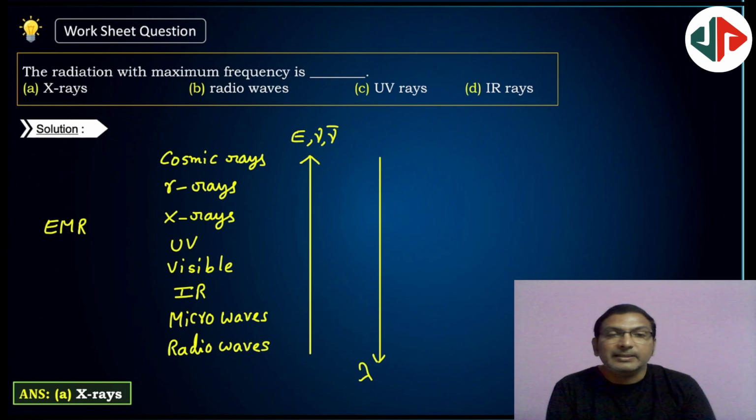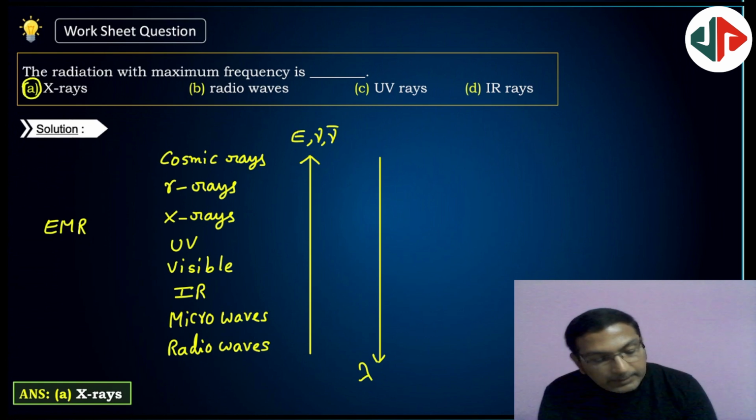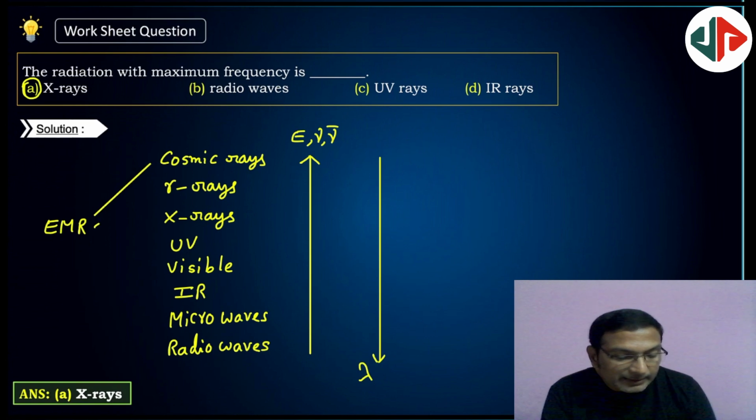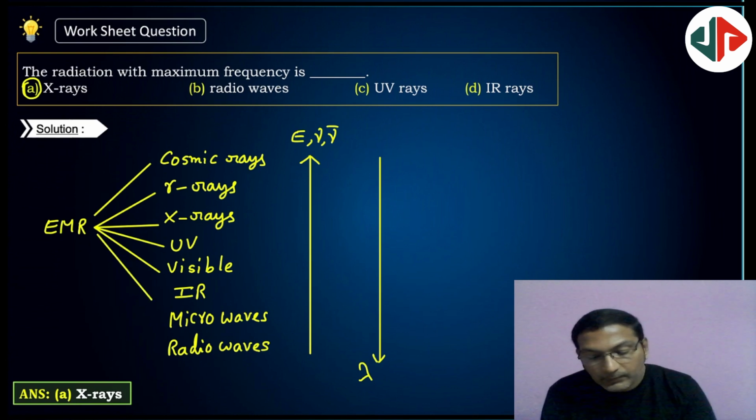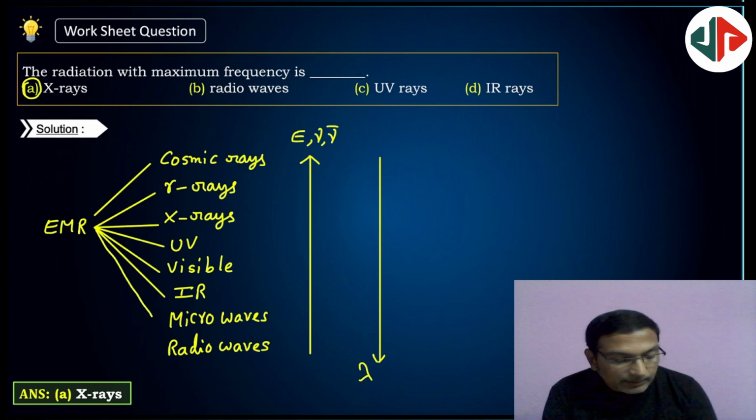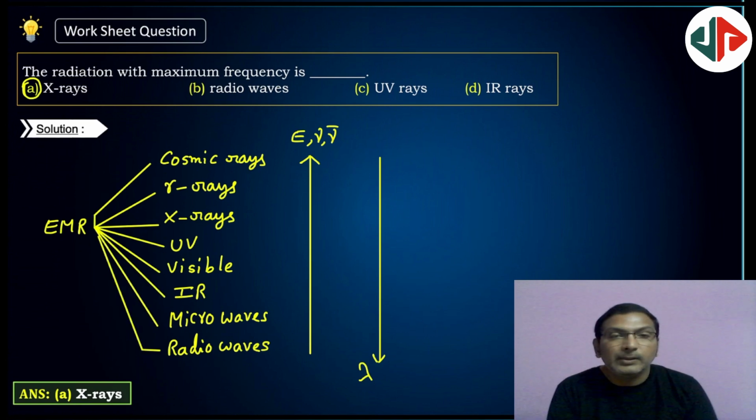Maximum frequency means here X-rays. So option A simply. This is nothing but the electromagnetic spectrum. Remember this order. Okay, next question.